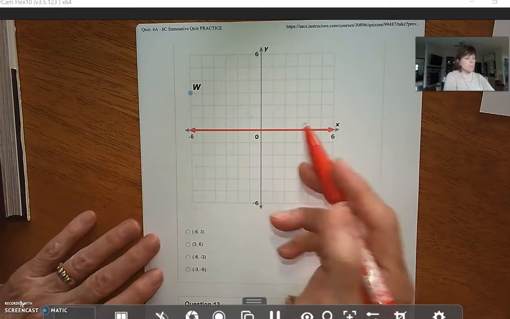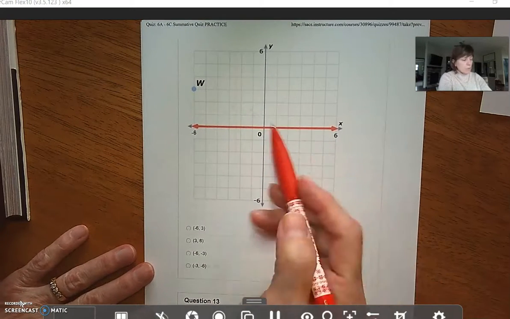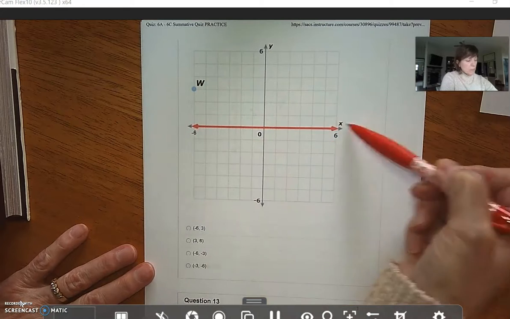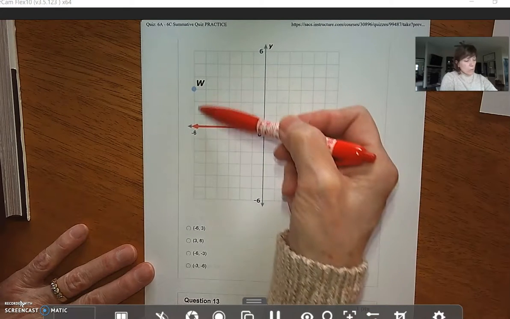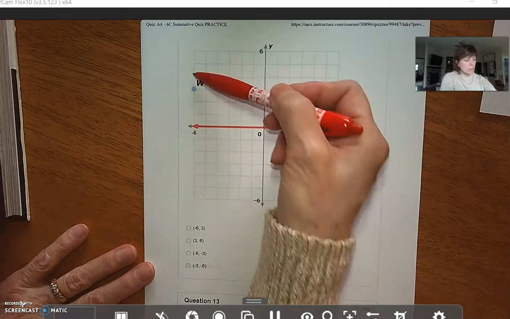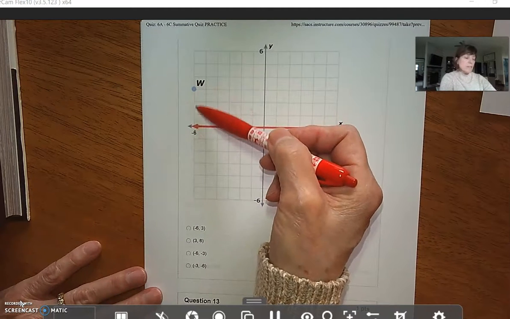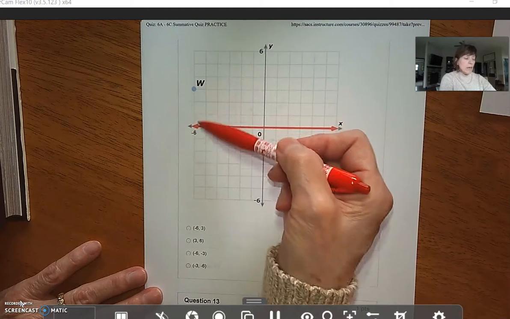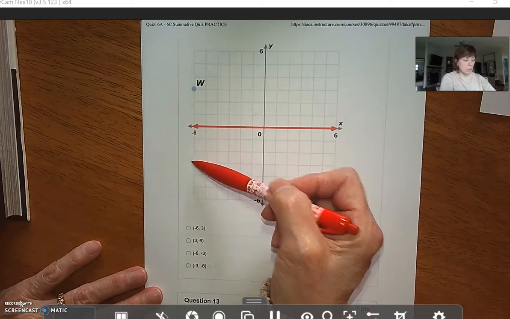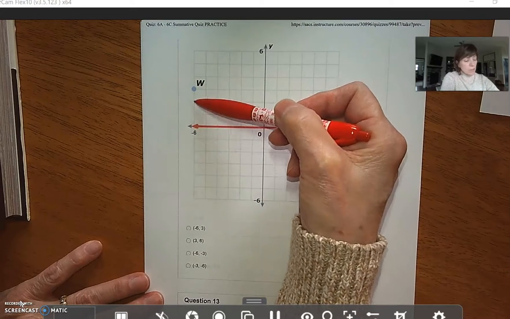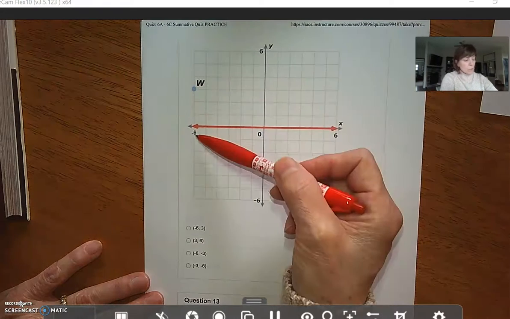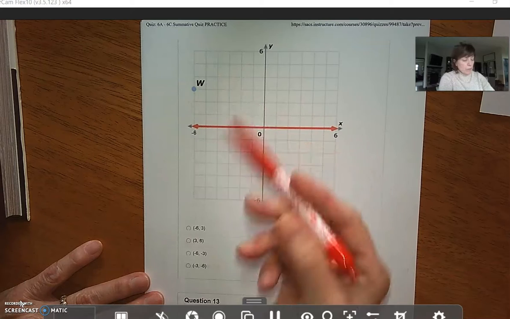It's a mirror image. And so what we're going to do, because we're reflecting across this line right here, we're going to go to the same line that W falls on, and as many lines as it is above the x-axis, we're going to do that many lines below the x-axis. So this is 1, 2, 3. So we're going to go down 1, 2, 3 instead of up.